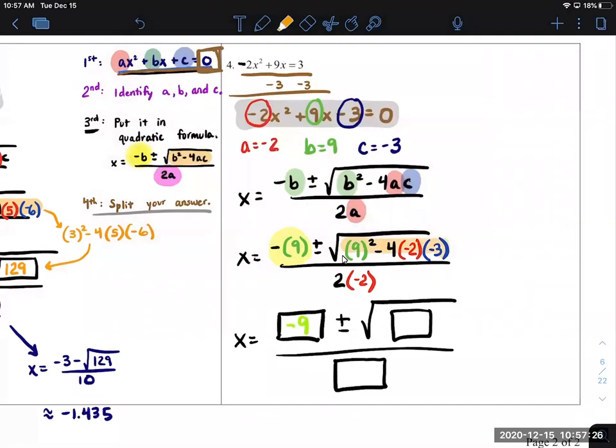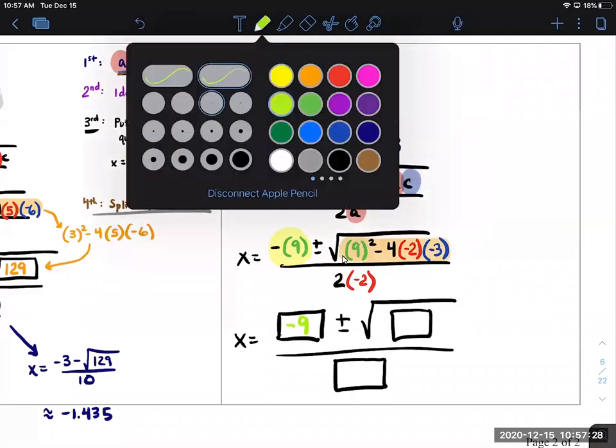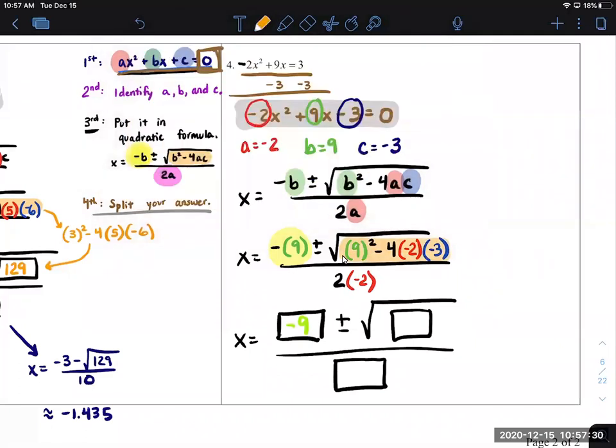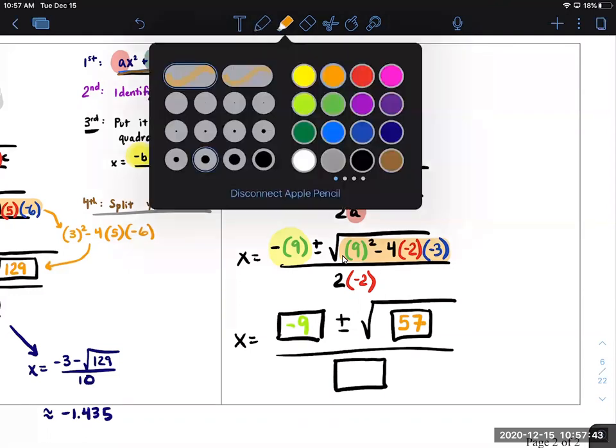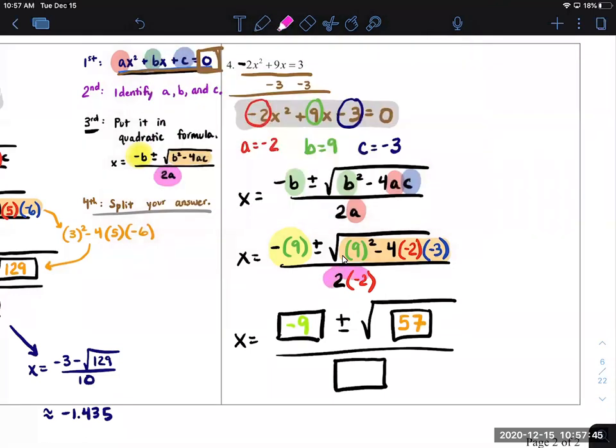Then what's underneath the square root? 9 squared minus 4 times -2 times -3. Just put in what's underneath the square root in the calculator and you get 57. And lastly, you do the denominator. 2 times -2 is -4.